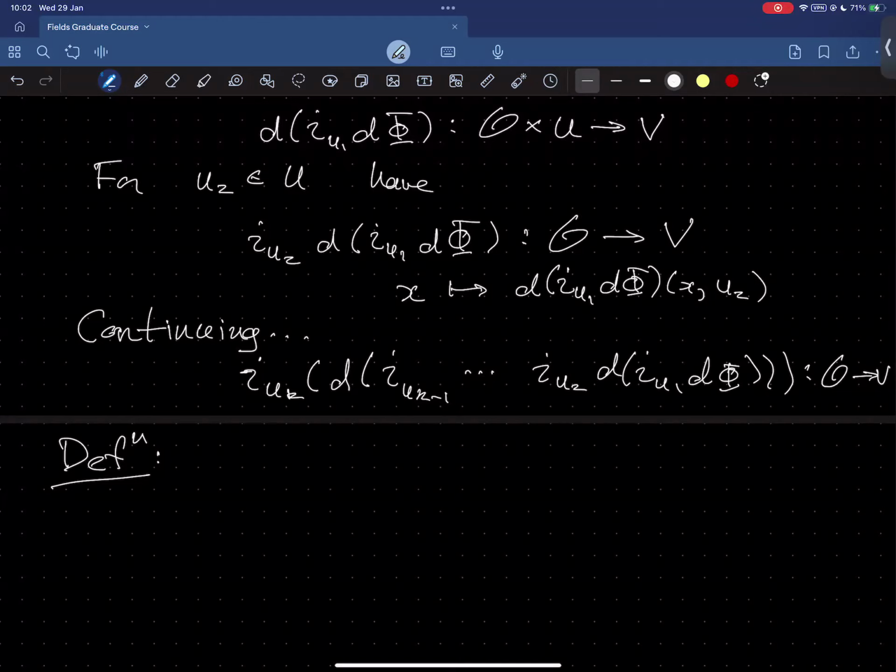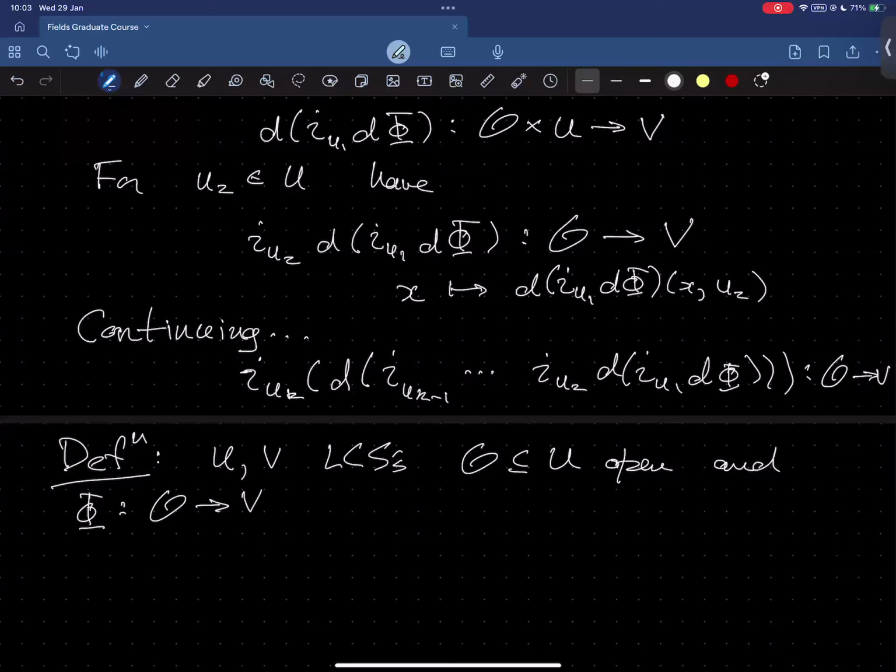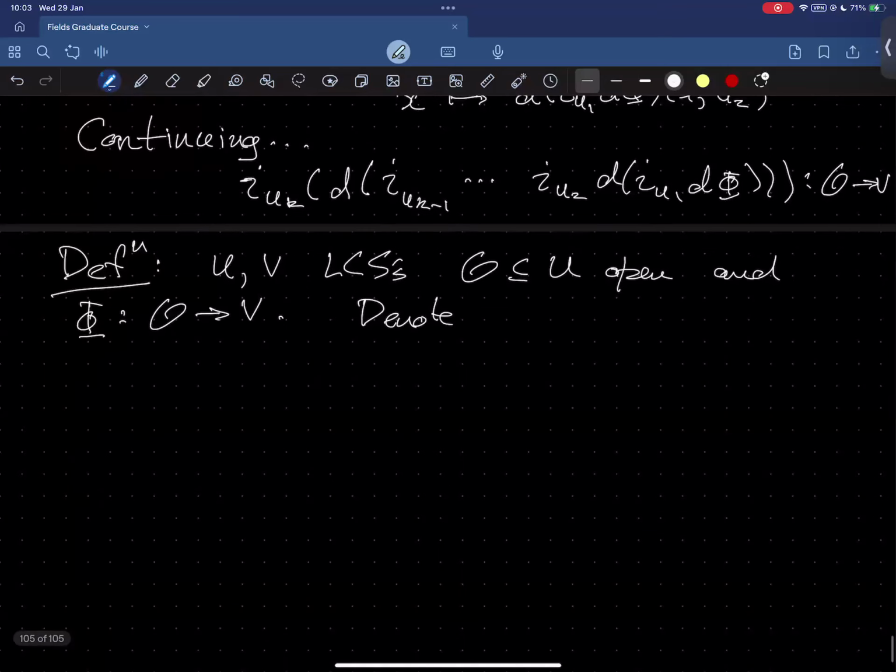So we have U, V, LCSs, O open, and phi going from O to V. And we denote D parentheses K phi.